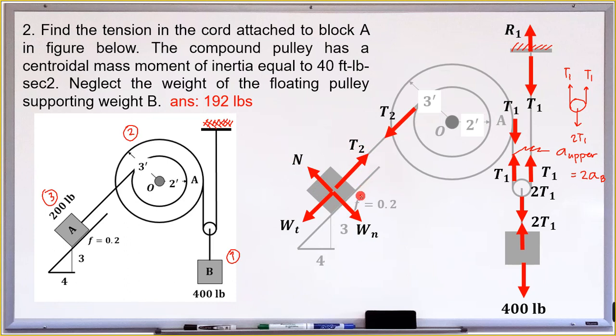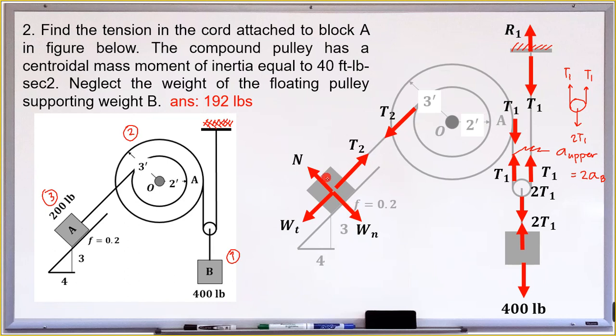Now, the inclined plane has a frictional force, given the coefficient of friction equal to 0.2. But in this state, we cannot determine yet the direction of the frictional force. It could be up the inclined plane or down the inclined plane. We cannot tell yet because we lack the information on the direction of motion.